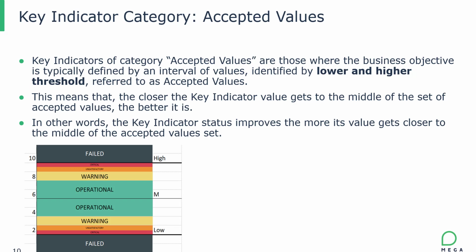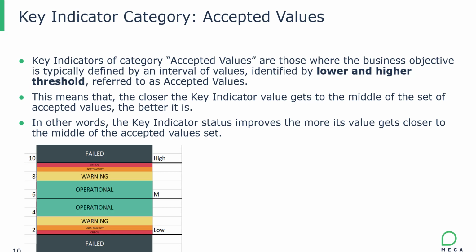Again, if we take a look at the previous example, we have here a key indicator of type accepted values, and we can observe that all values outside of the accepted value set, which is defined by lower and higher threshold, put the key indicator into a failed status.